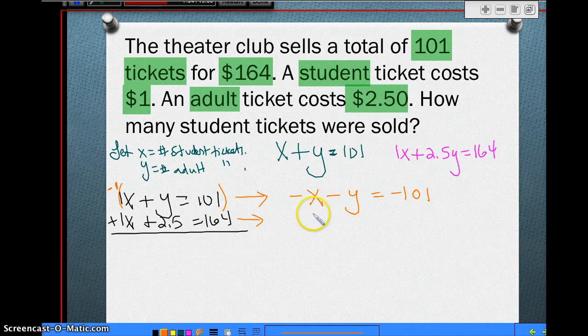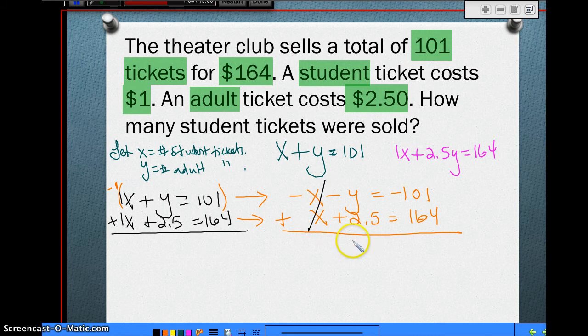The second equation, I don't have to change because I like the fact that it is now opposite signs and the same coefficient. So I'm just going to bring it over. And now when they line up, you will notice that if I add these two together, negative x plus positive x cancels, elimination. We really have a negative 1y plus a 2.5y, whoops, I forgot my y in here.